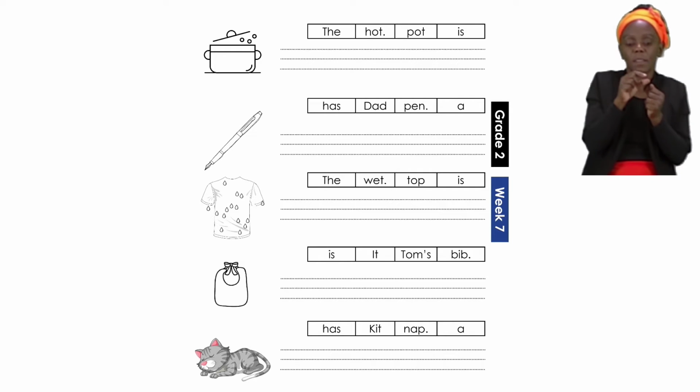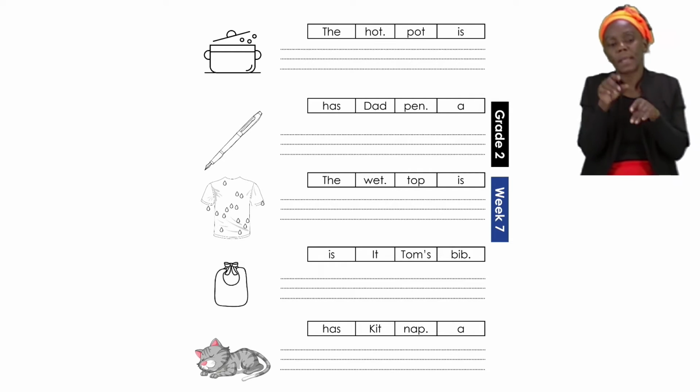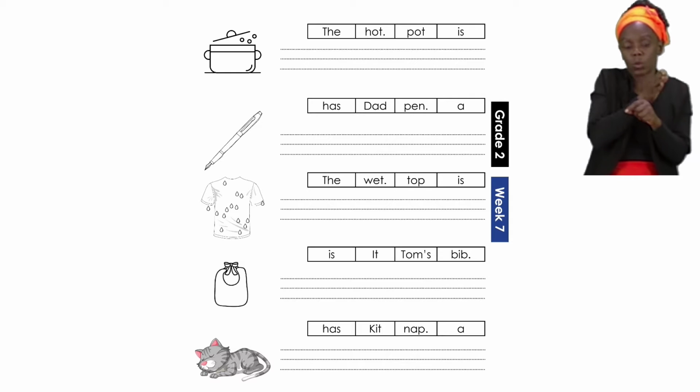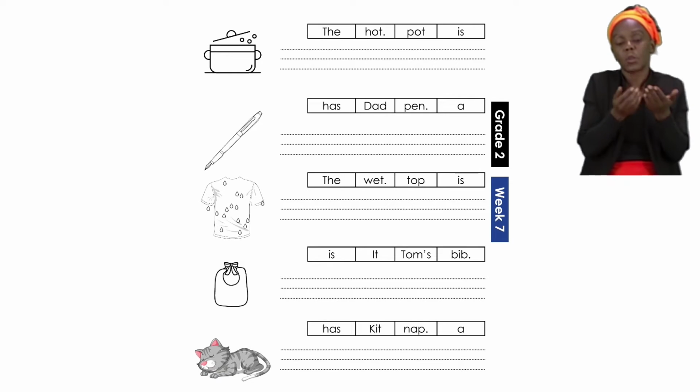So, apart from just having the blocks, we also have a picture to help us with our sentences, and we're going to be using them as well. So I'd like us to do the first one together. Let's take a look at the board.